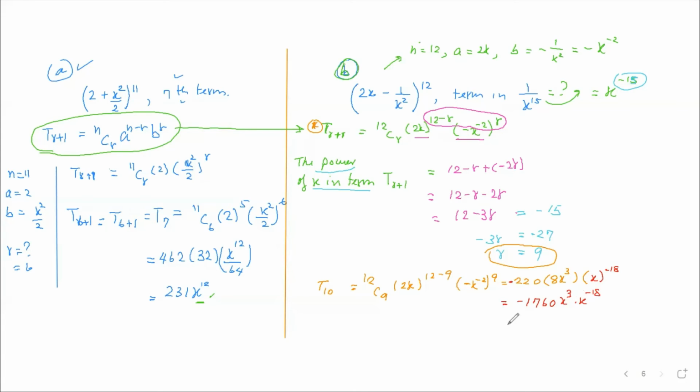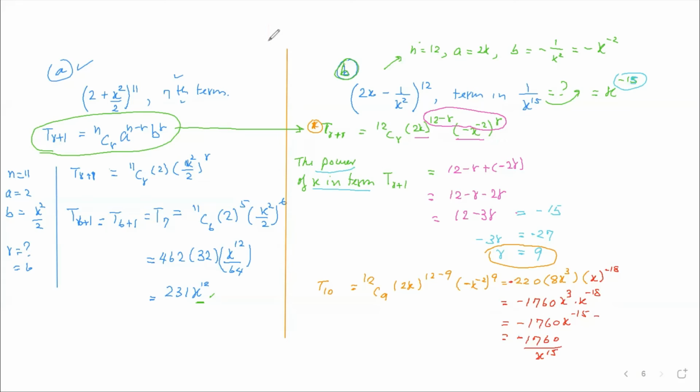So then we simplify, this gonna be minus 1760 x power negative 15. That means this one equal to minus 1760 over x power 15.